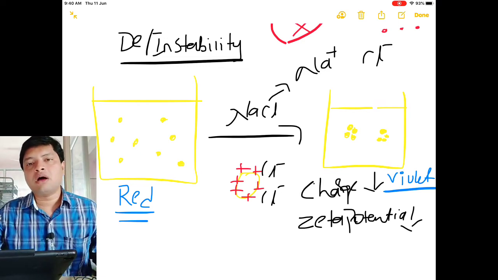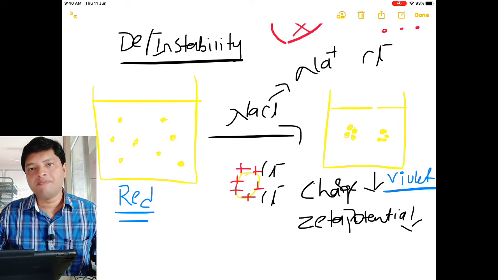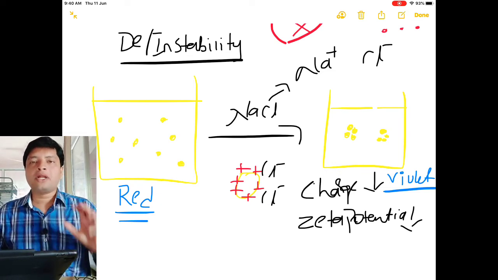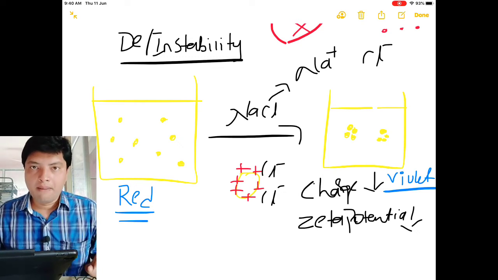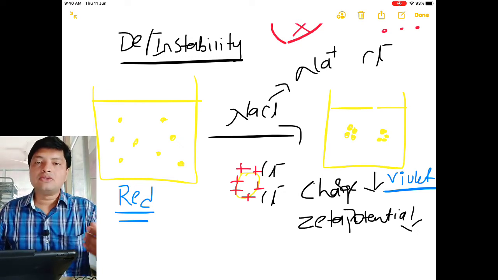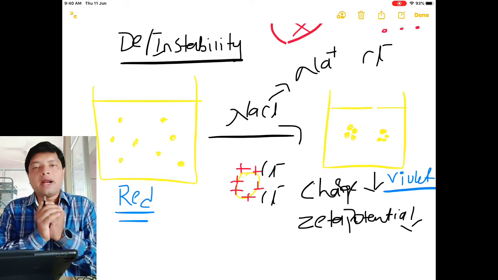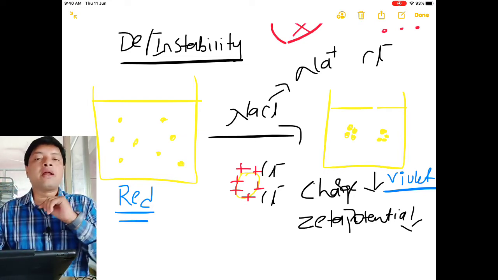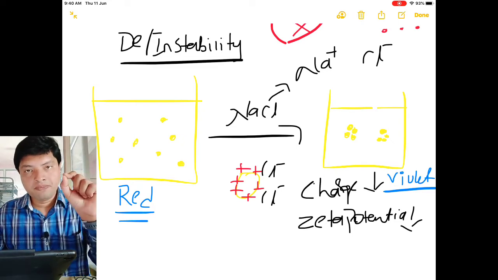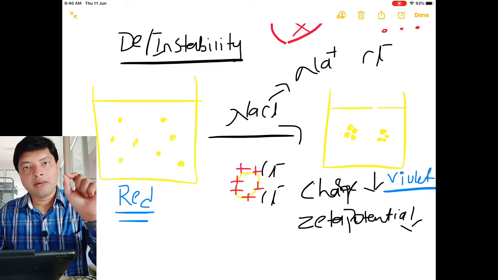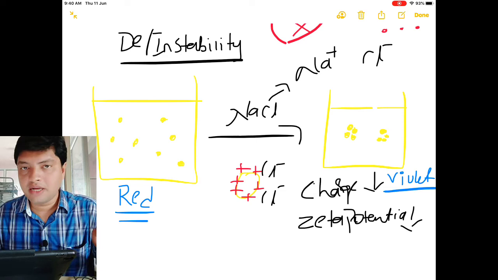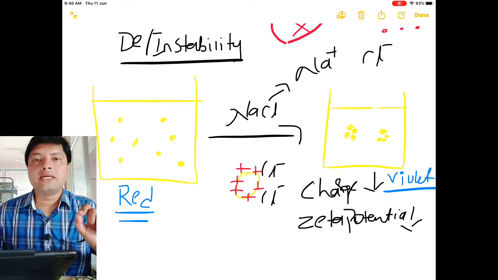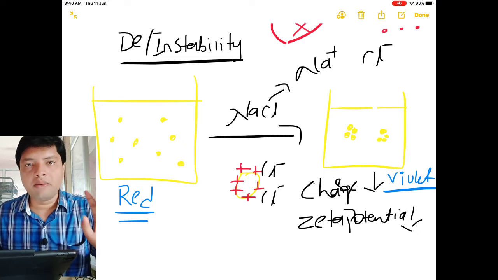If salt is added to that system, this salt will decrease the charge or zeta potential on the particle, which will lead to the aggregation of the colloidal particles, which is called the sign of instability. If the colloidal particles are individual in nature, we call them stable colloid. If they are aggregated, we call them unstable colloid.